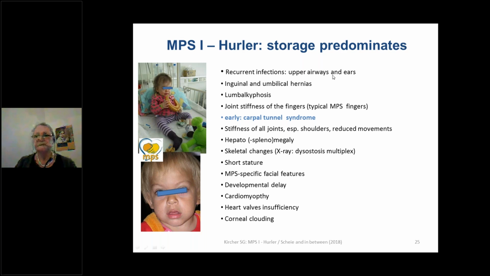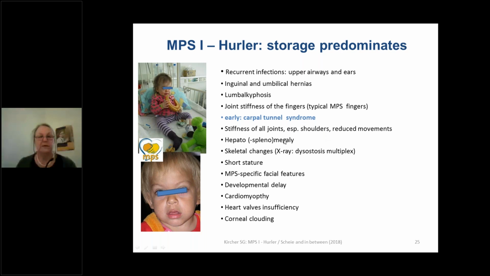It is very, very specific. At the beginning, the infections I have already mentioned, but on the other side, you have hernias, lumbar kyphosis, joint stiffness of the fingers, and very early carpal tunnel syndrome, which you do not usually find in children. But the joints all can be stiff, especially in the shoulders.